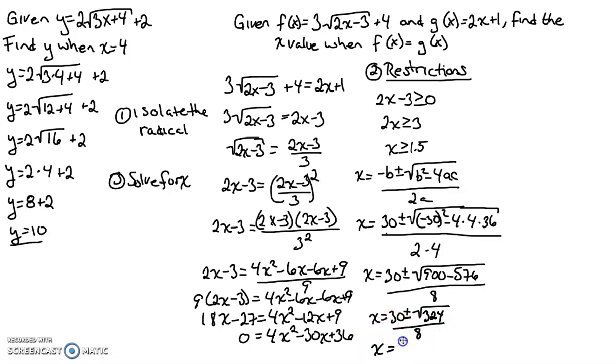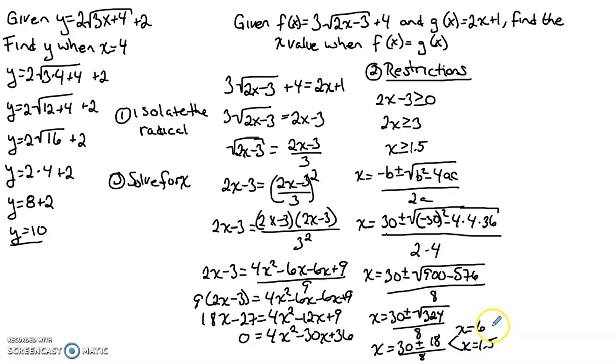So x equals 30 plus or minus the square root of 324, which is 18, all divided by 8. If we do 30 plus 18 divided by 8, we get x equals 6. And if we do 30 minus 18, all divided by 8, we'll get x equals 1.5.